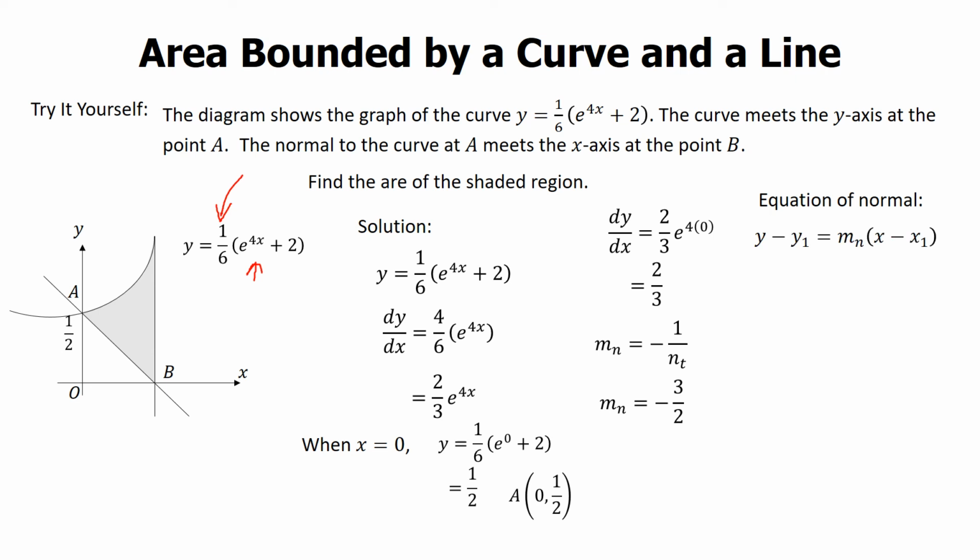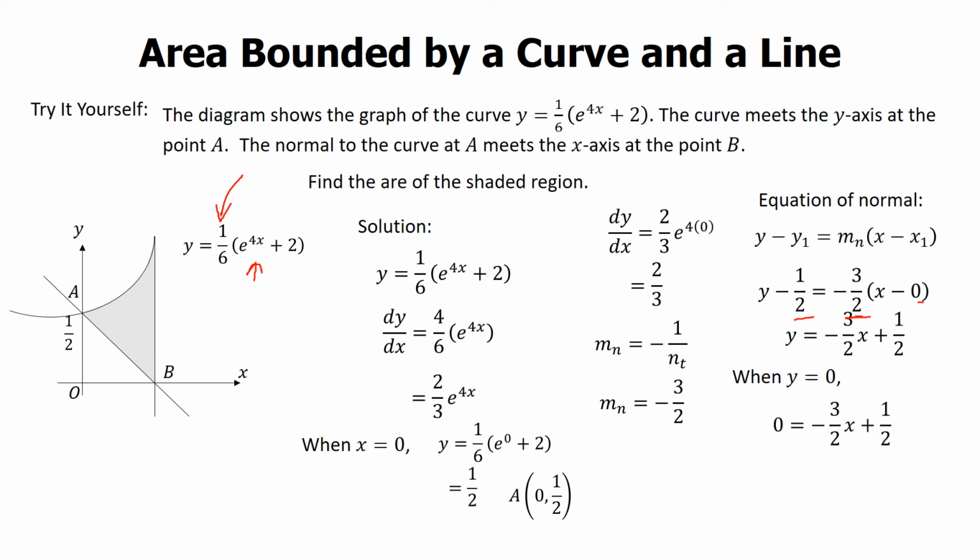So we can find the equation of the normal, which is y minus y1 equals m normal times x minus x1. So y minus half equals negative 3 over 2 times x minus 0. So these values are the coordinates of A, and this is the gradient of the normal. Then I make y the subject, so y equals negative 3 over 2x plus half.